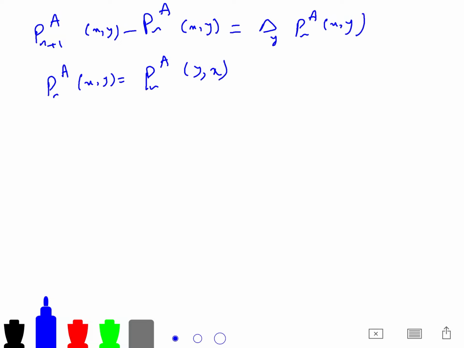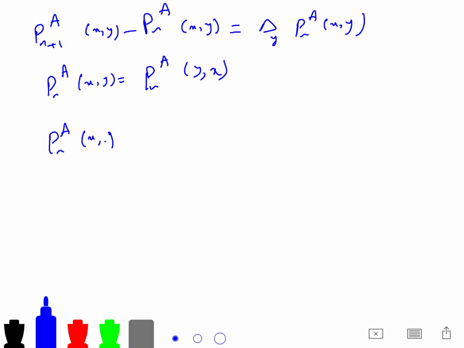And then we should prove that P_n^A(x,·) satisfies the discrete time heat equation on A with zero boundary condition on the boundary of A. The proofs of these just follow from the definition, so they are very easy.